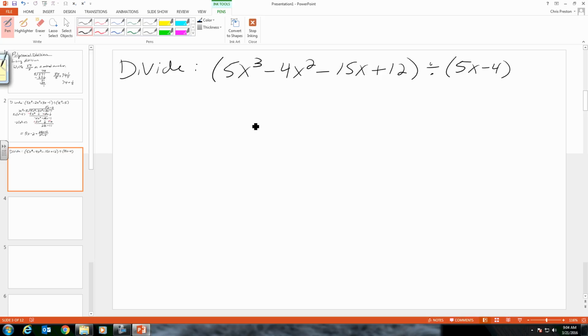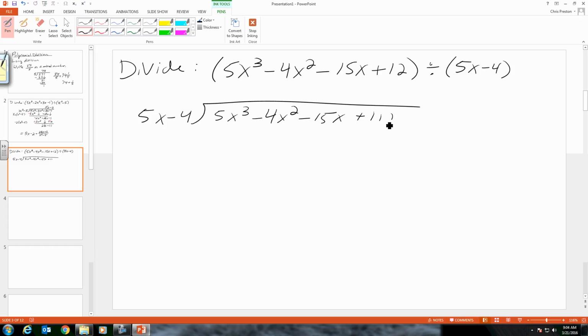Okay, so 5x minus 4 into 5x cubed minus 4x squared minus 15x plus 12. Oops, think about, well. Alright, let's try that again.